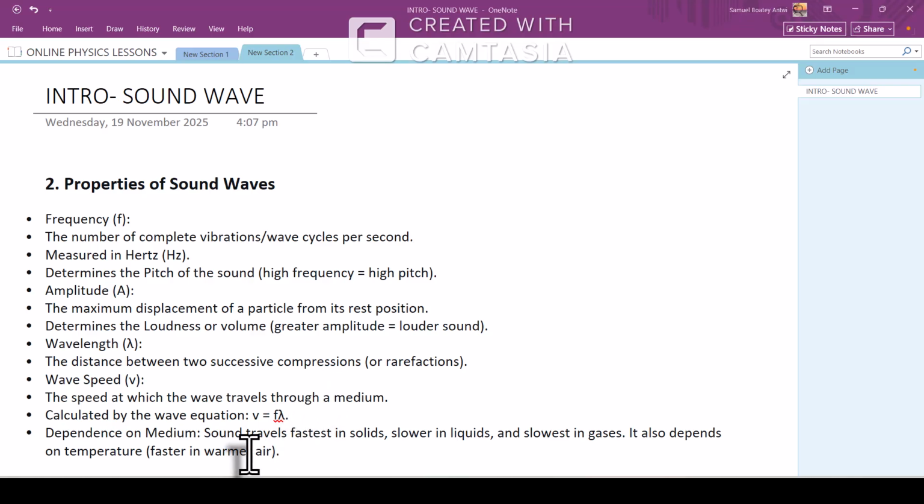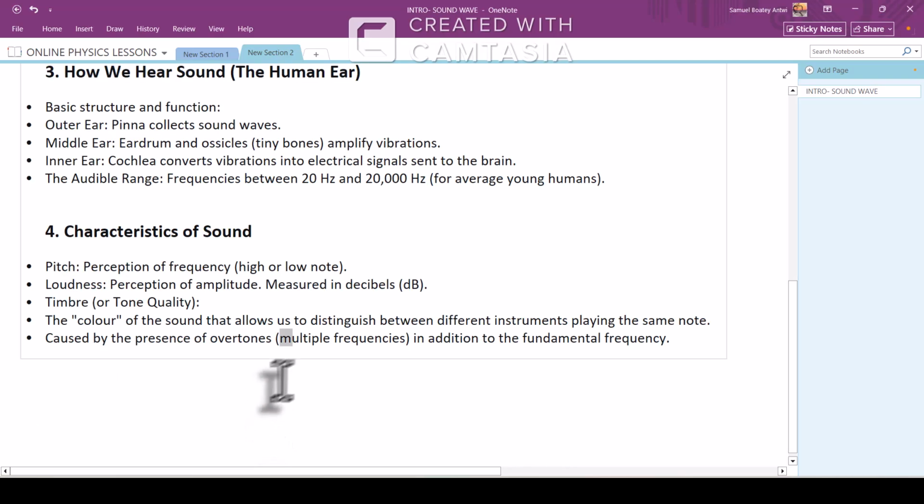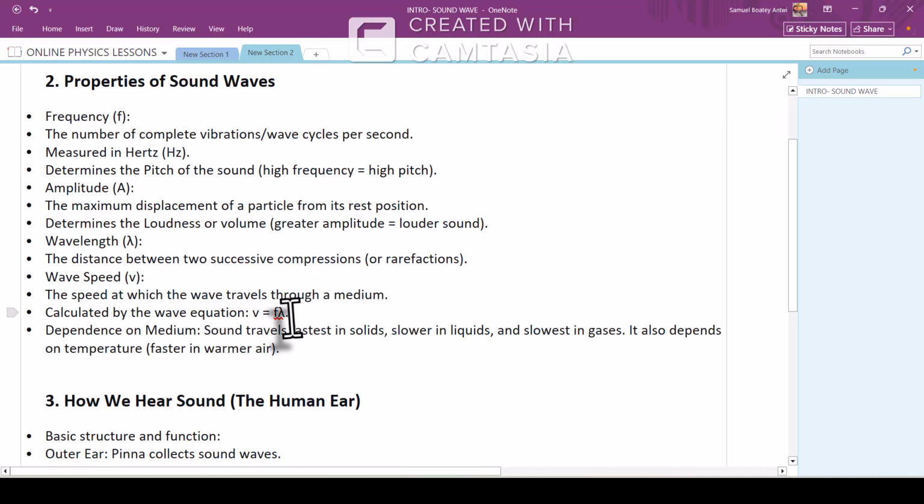To calculate the speed of a wave, or in this situation sound wave, we still use our equation v equals f lambda, and I think we took an example in our previous discussion, right?